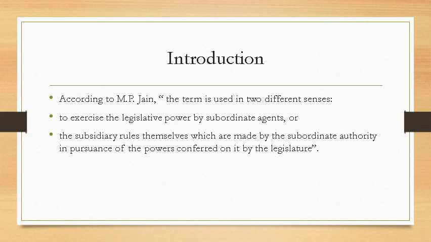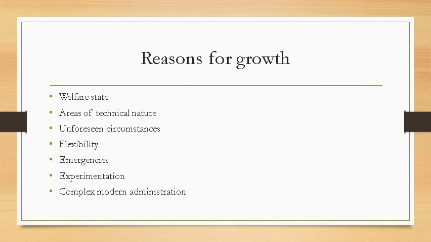If you look at what has been stated by MP Jain, he says that delegated legislation is a term which is used in two different senses: to exercise the legislative power by the subordinate agents, or the subsidiary rules themselves which are made by a subordinate authority in pursuance of the power conferred on it by the legislature. That is how he has explained it.